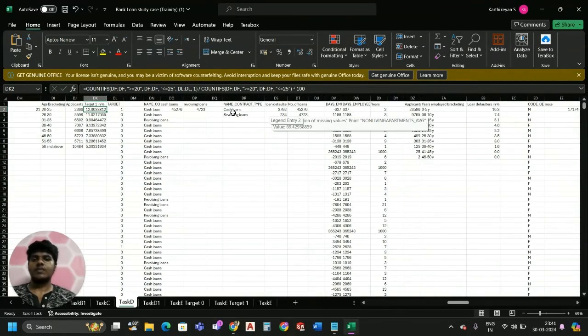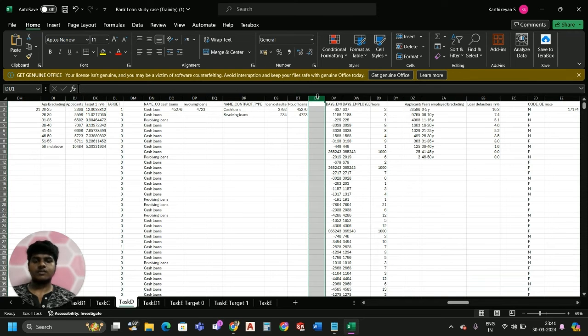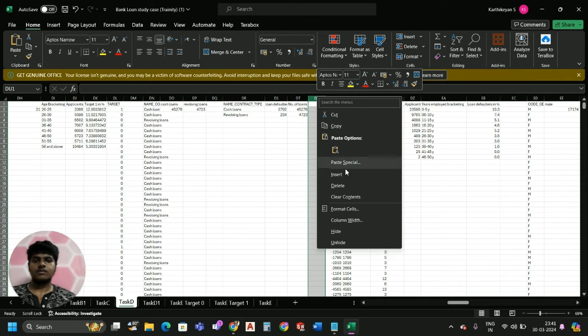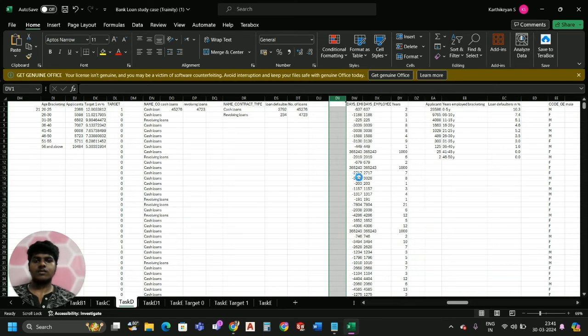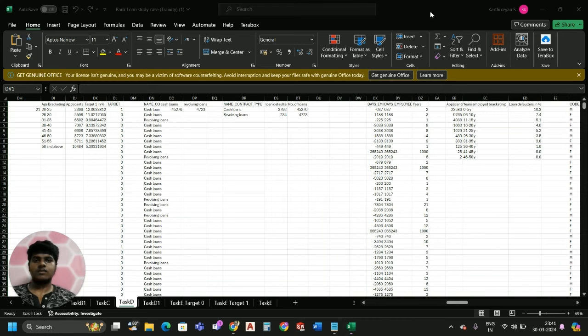Let us create one pivot table. Let me show you how to create that. So let us create this for the name contract type, for cash loans and revolving loans. How many applicants are there, and first we will check about the loan defaulters.